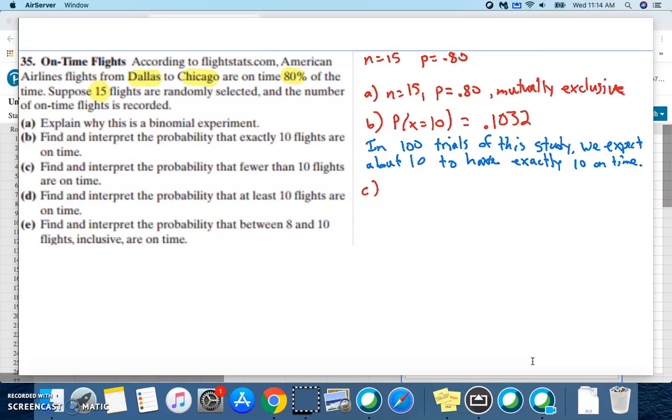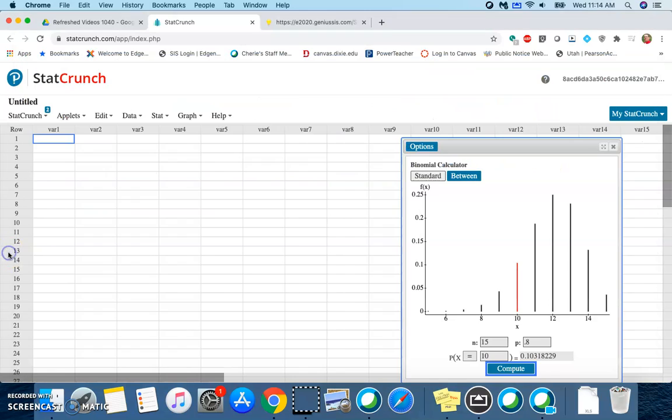Okay, so part C. What if we are fewer than 10? So you have to think of your numbers fewer than 10. I've got 15 trials, 0.8 is my probability. Fewer than 10, those numbers are going to be 9, 8, 7, 6. So that's less than 10, but not equal to. So 0.0611.